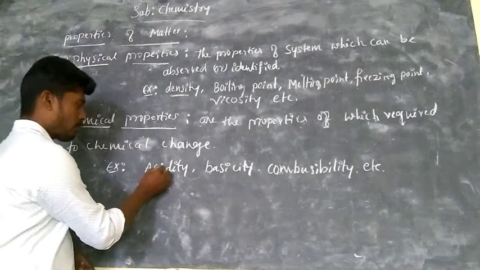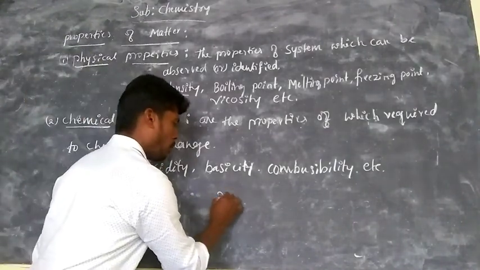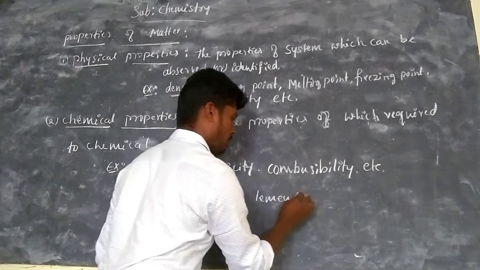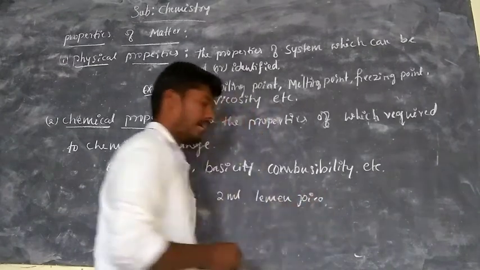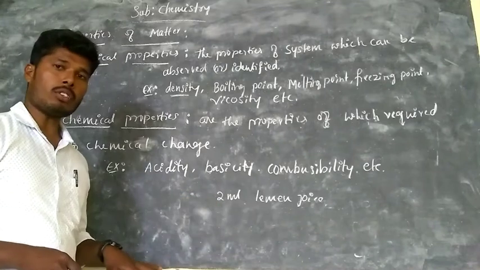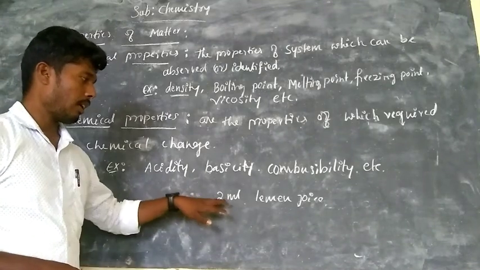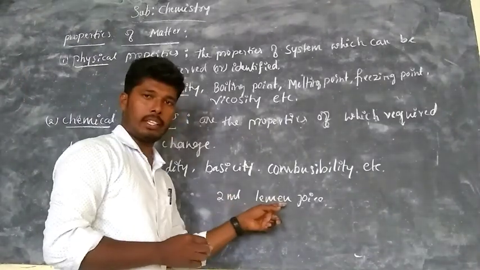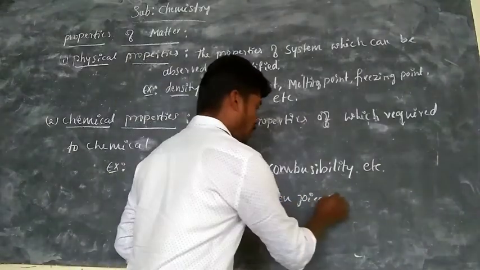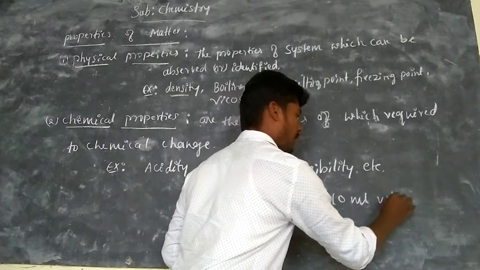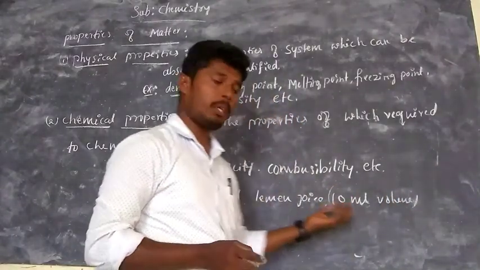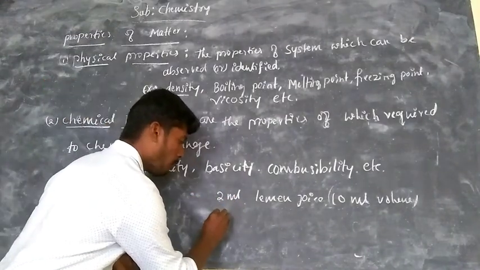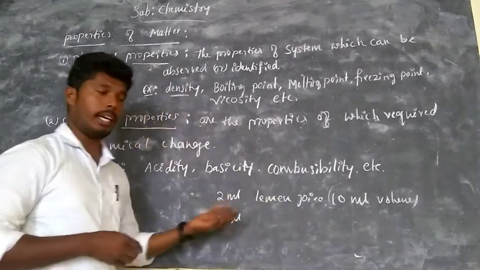Now, if you take this substance, if you take 2 ml of lemon juice, or 2 ml of lemon drops in 10 ml volume, the taste of this juice will differ from taking 1 ml of lemon drop in 10 ml of juice.